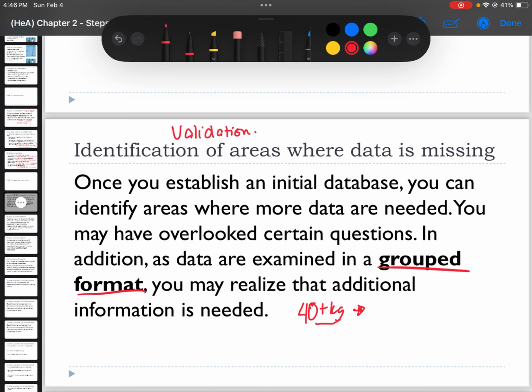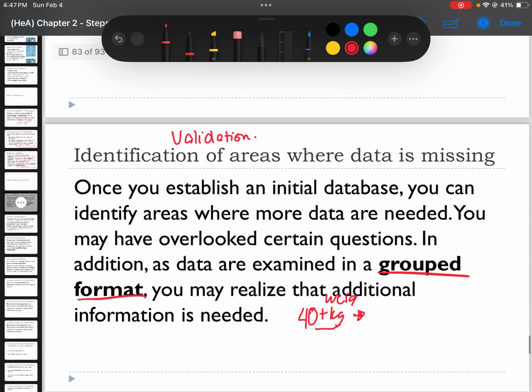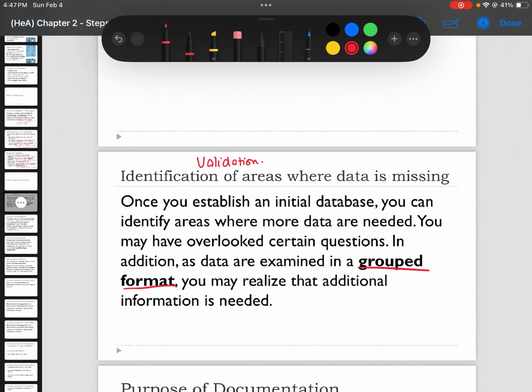You can ask them whether they have recently lost weight or if that has been their usual weight. Okay? That you are now grouping that data, no? That data goes under the group that is weight, or their nutrition, no?